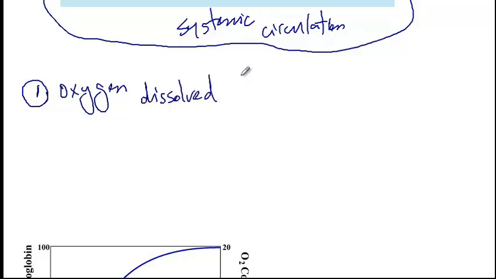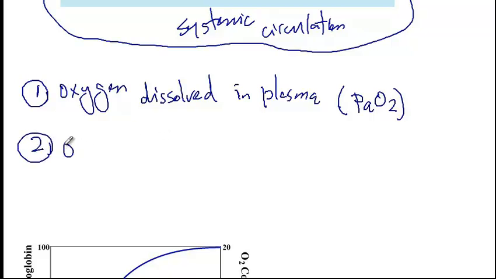You know how there is so much oxygen dissolved in water, and all the amphibians and fish under the water can use up that oxygen. Same thing can happen with our blood. Oxygen can get dissolved in plasma, and this is referred to as the partial pressure of oxygen in our blood.